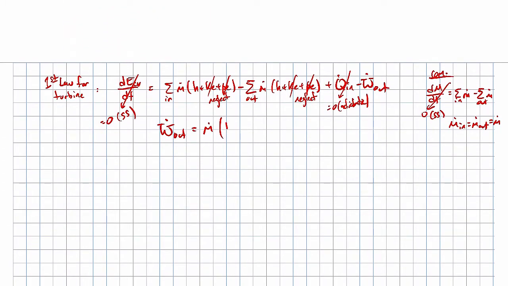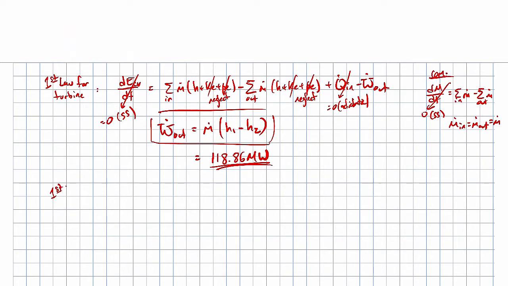So this will be H1 minus H2. If you plug in the numbers for that, it comes out to be 118.86 megawatts. It's a big number. It's because the mass flow rate is a large number. So that's the power we get out of the turbine.